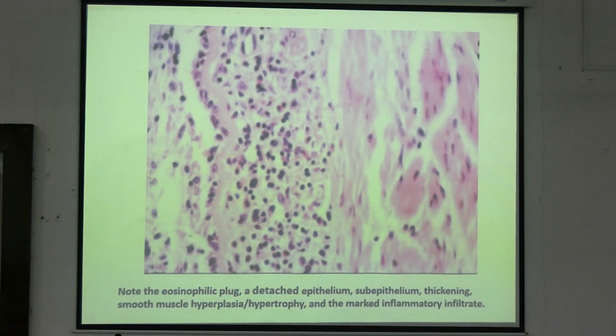This is a microscopic image of a patient with asthma. Here we can see the eosinophil plaque, detached epithelium, subepithelium thickening, smooth muscle hyperplasia, hypertrophy, and marked inflammatory infiltrate. This is all what we can see in a patient with asthma.